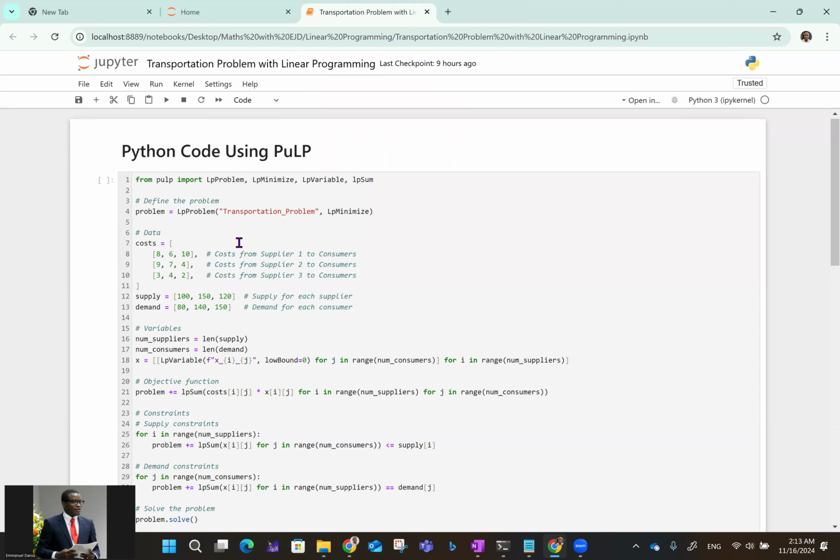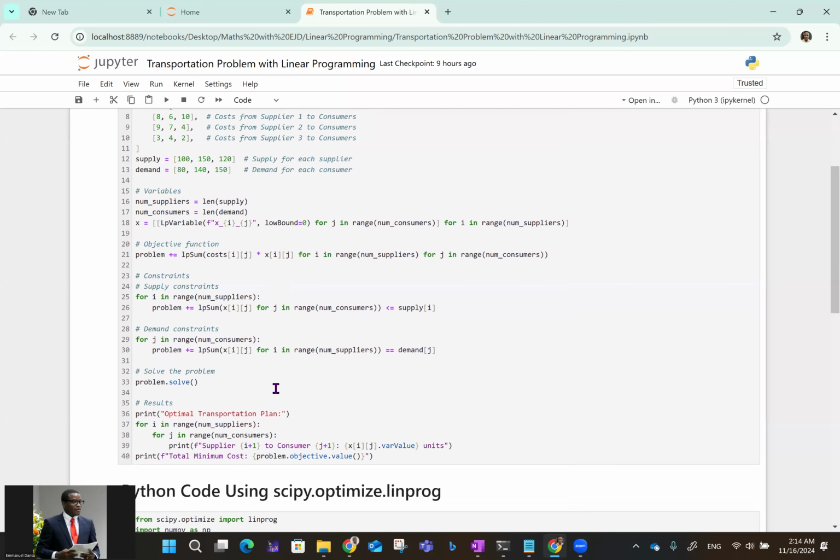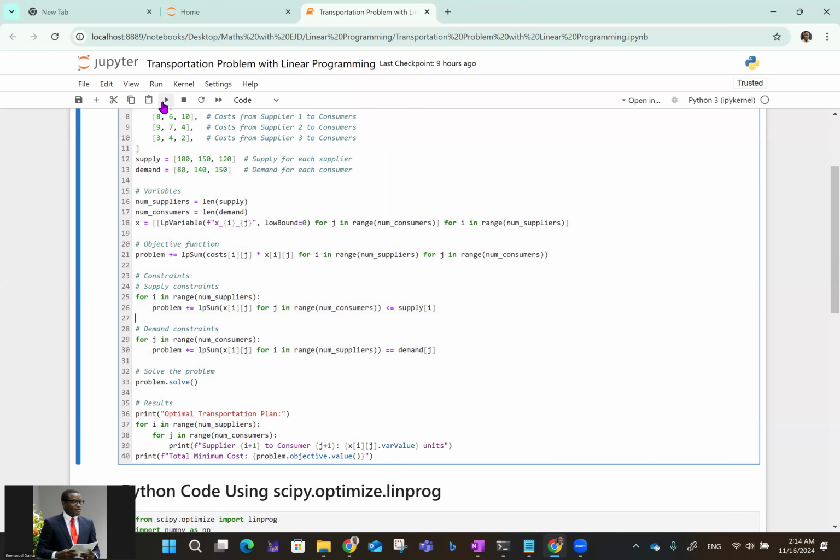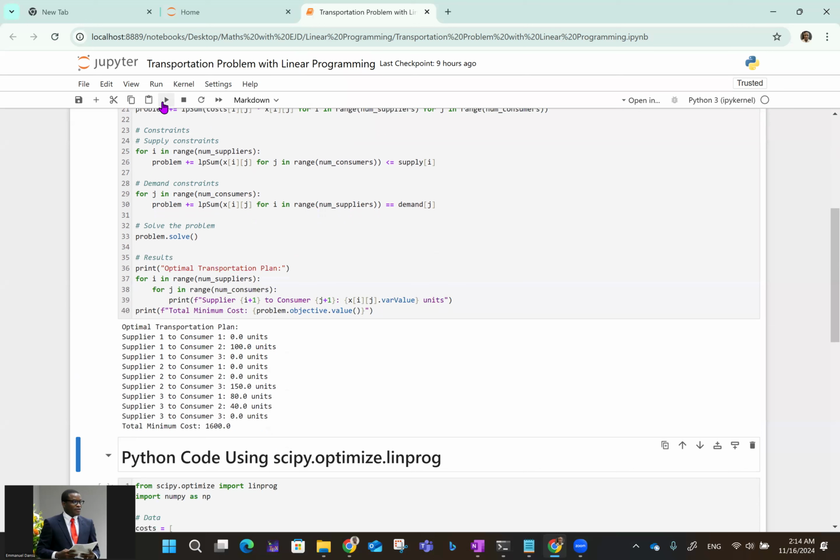So you have your information here for the objective function. Then for the supply side, you remember you have 100, 150, 120, and the demand side, you have 80, 140, 150. Then you can do all the variables. Number of supplies will always be the length of the supply. Number of consumers will be the length of demand. We put all of that together and we can compute this.